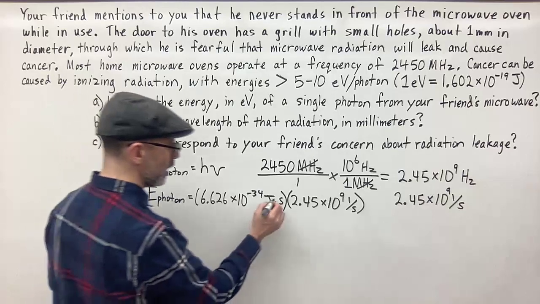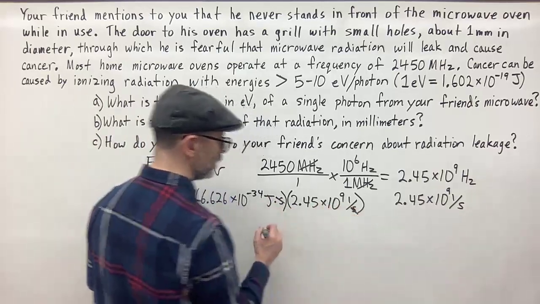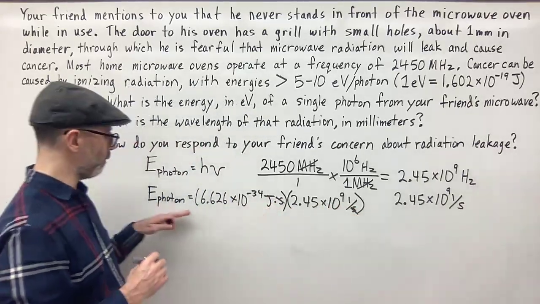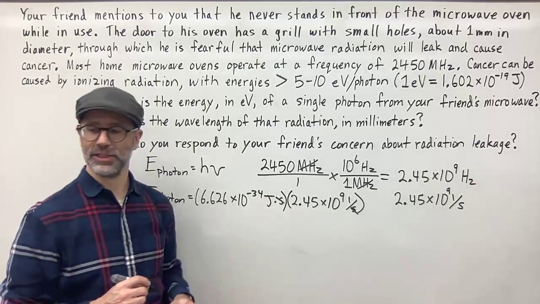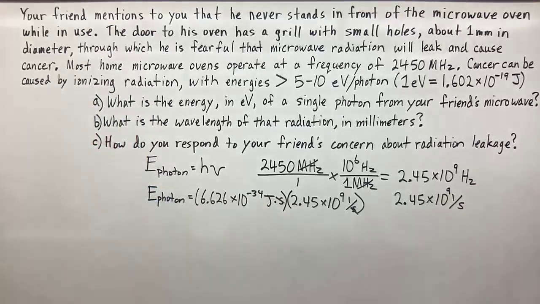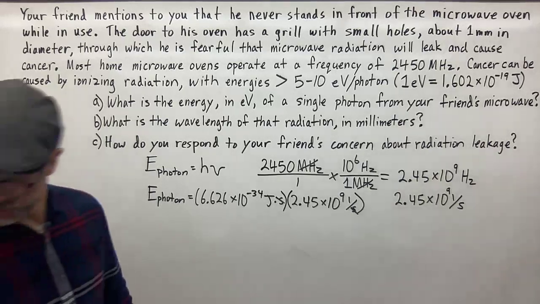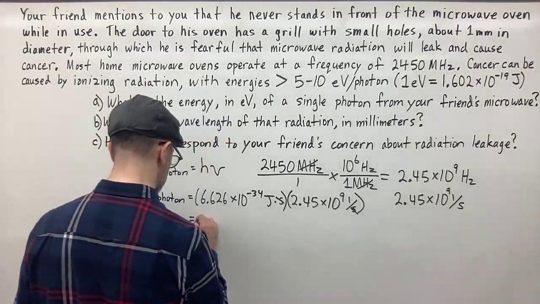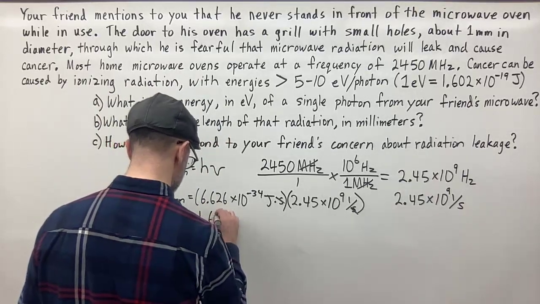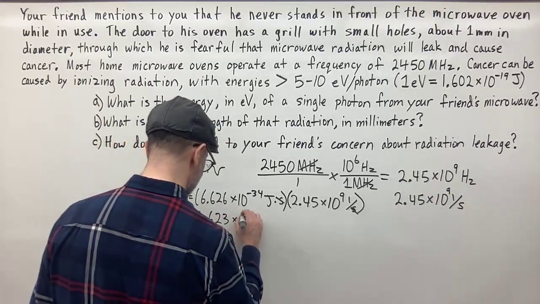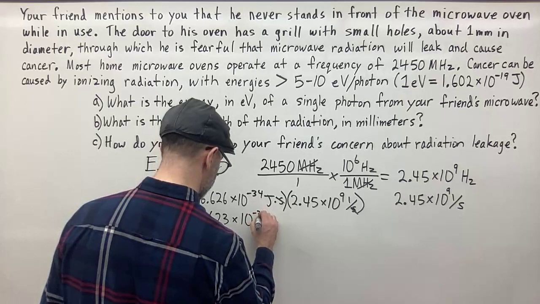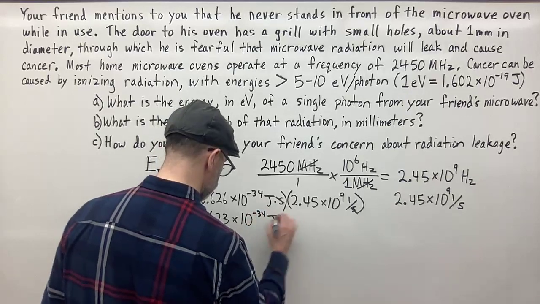Seconds are going to cancel out, so I get joules left. When I multiply this, I'll have my answer in joules, and that's going to be 1.623 times 10 to the negative 34 joules.